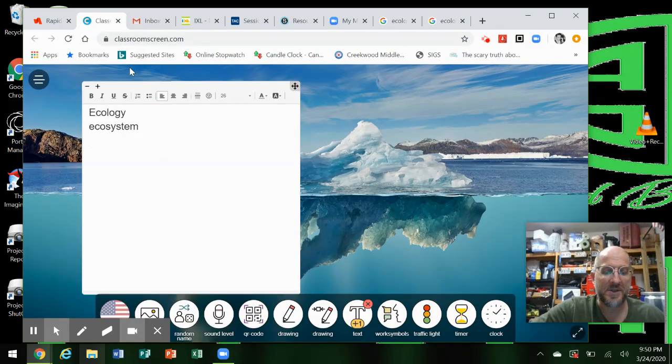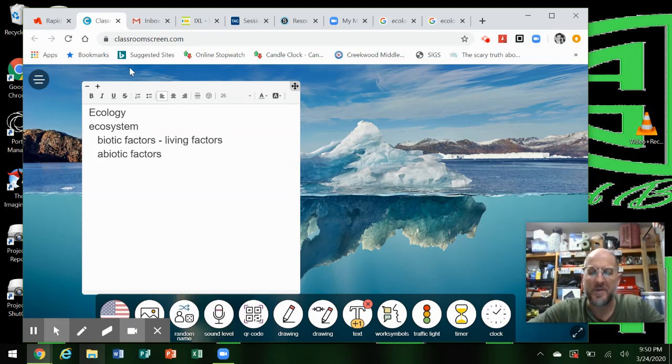Now, an ecosystem consists of two factors. Biotic factors, those are the living factors in that environment, and abiotic factors, and those are the non-living factors in that environment.